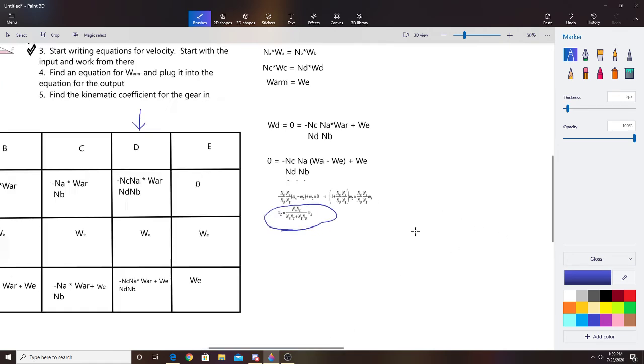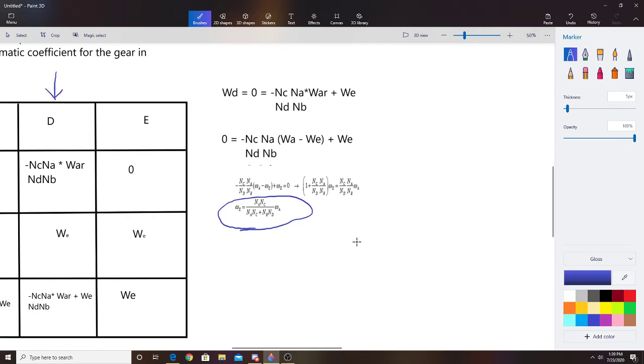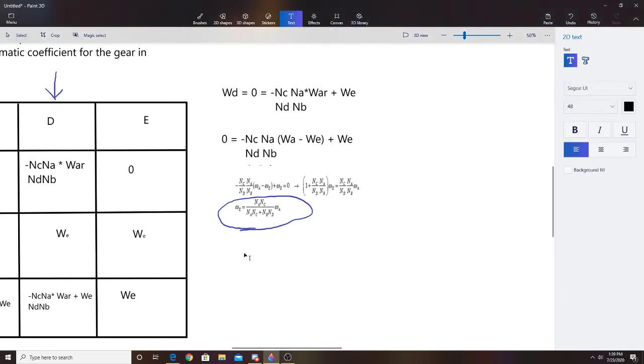Now our next step is we need to write an equation for the contact of E and F, right? So it's essentially the exact same. You do the same setup equation as you normally do, but there is a difference in direction.